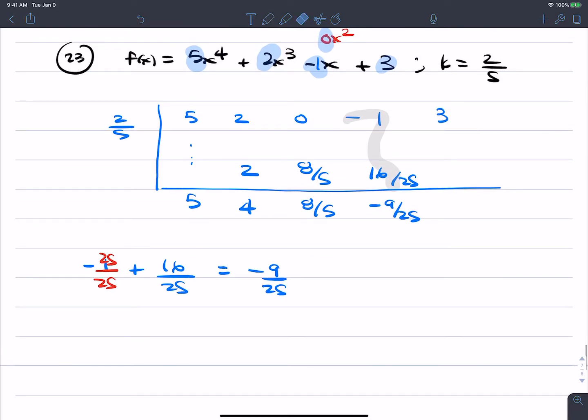Okay, now we get to repeat the process. 2/5 times -9 over 25. Again, multiply horizontally across, and we get -18 over 125. That goes over here.